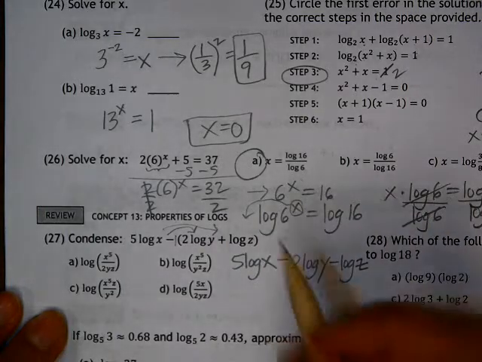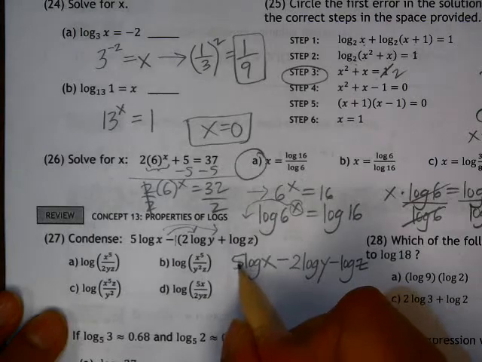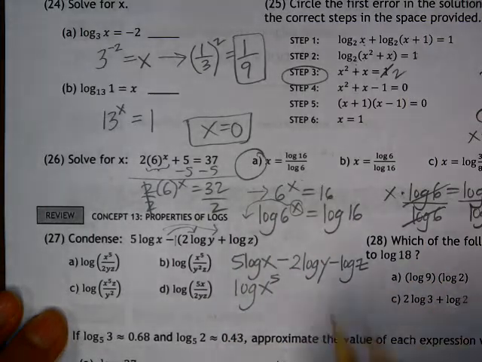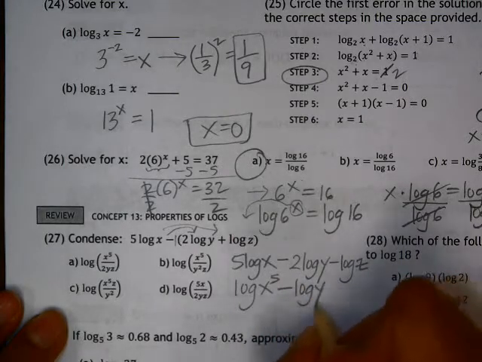So we can see that using the power property, we can bring the 5 into the exponent spot, and the 2 we can also bring to the exponent spot.